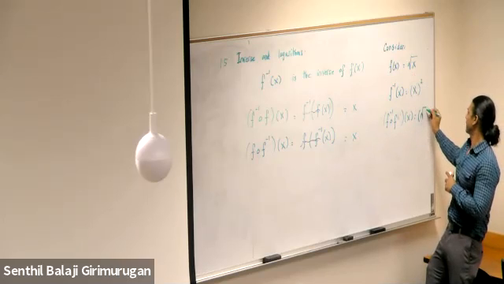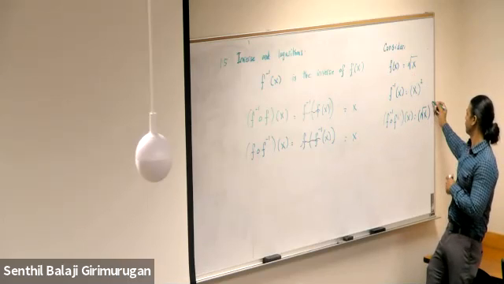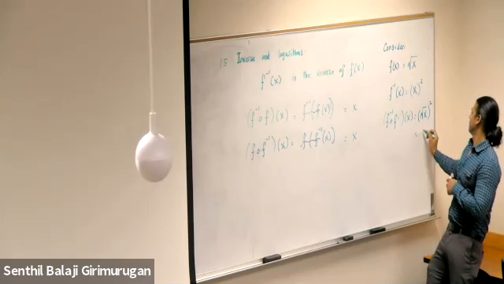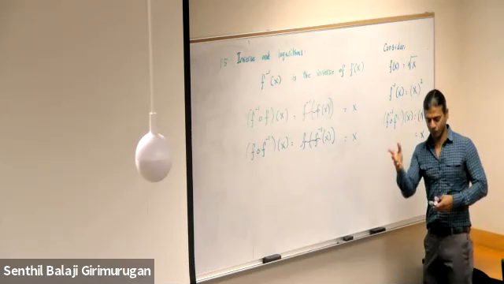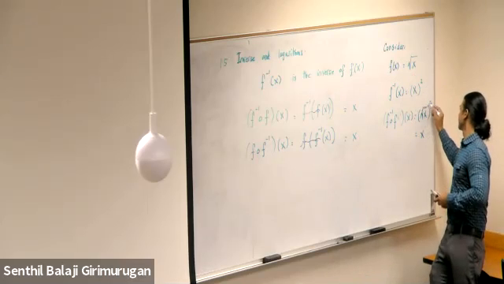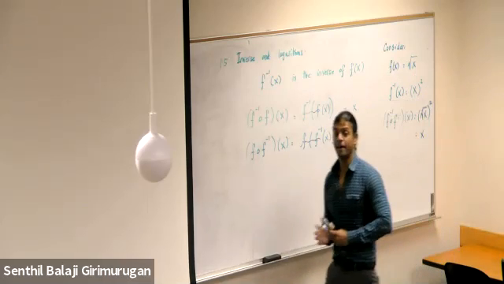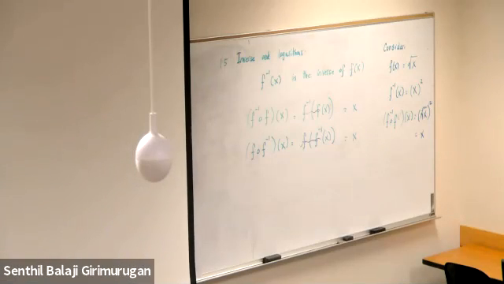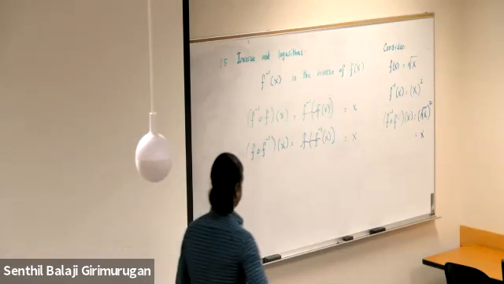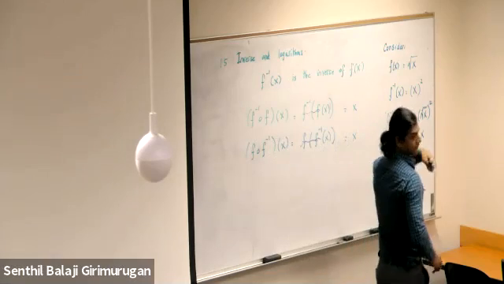So x gets replaced by square root of x. I end up getting x because the root and the square will get cancelled because they are inverses of each other. So an inverse function will undo whatever the function in question did. Are we clear with this?